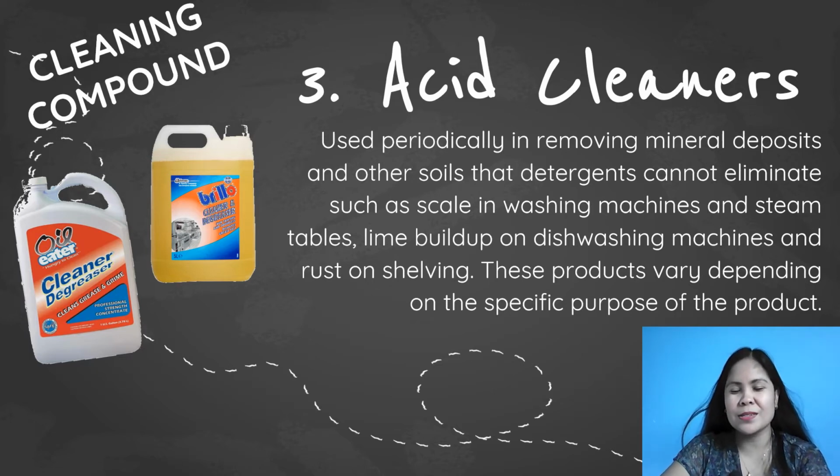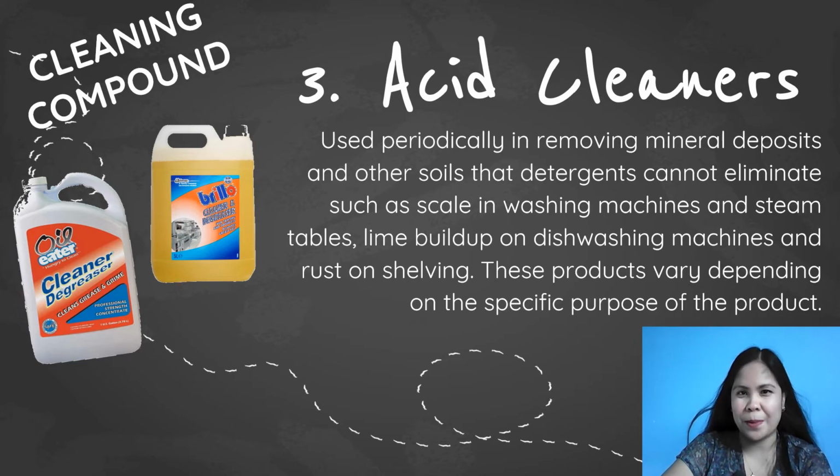These products vary depending on the specific purpose of the product. Mildly acidic cleaners are used to dissolve hard water deposits, remove mild rust stains, and eliminate soap film from around the sink and on shower doors.